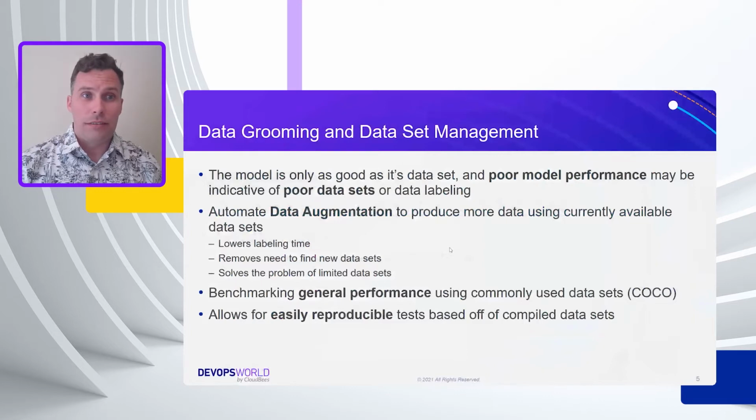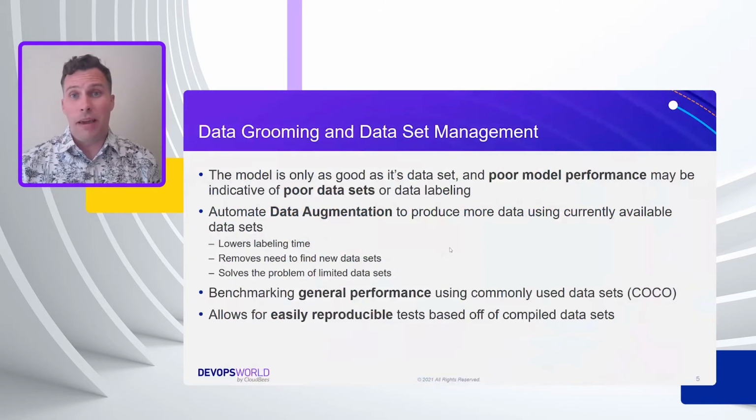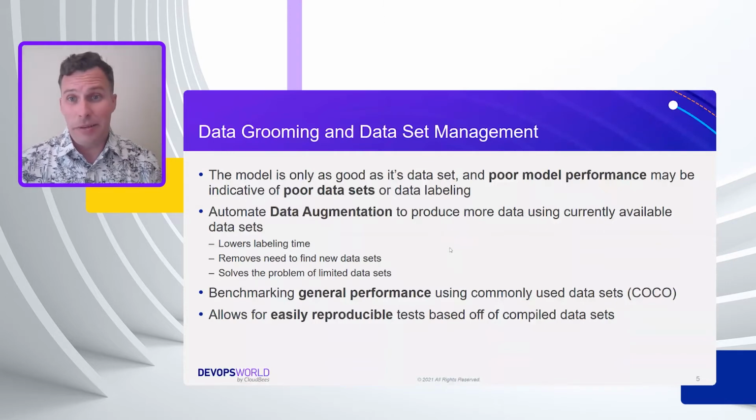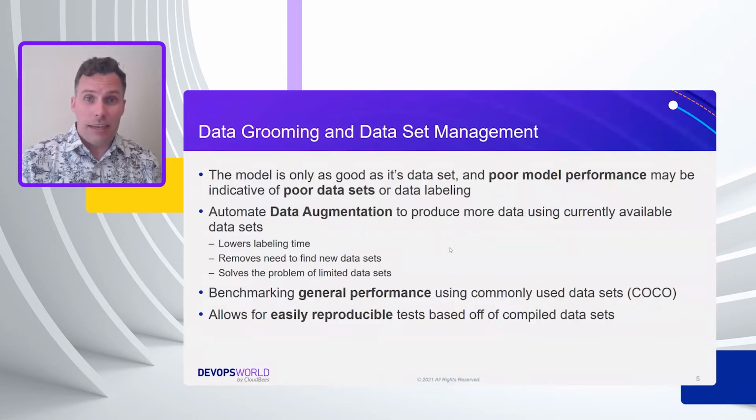The automation of data grooming and data set management is imperative to be able to produce models faster, support software development that utilizes the analytics from those models, and can easily be done using existing infrastructure that would take the place of implied tasks.